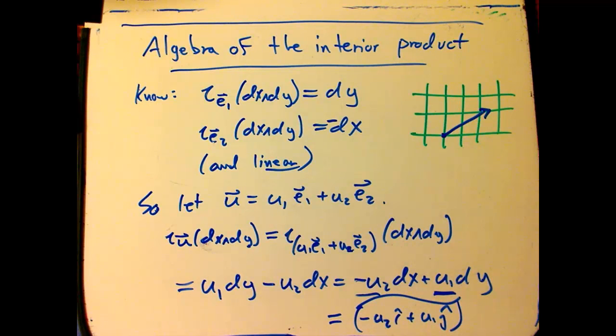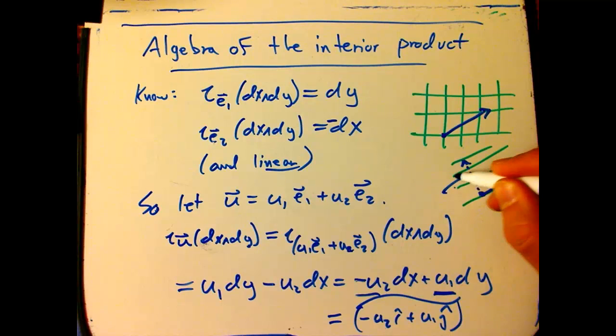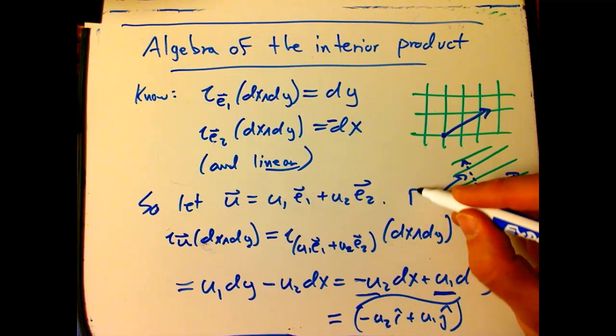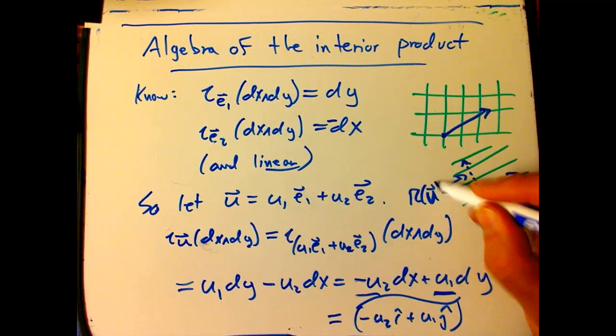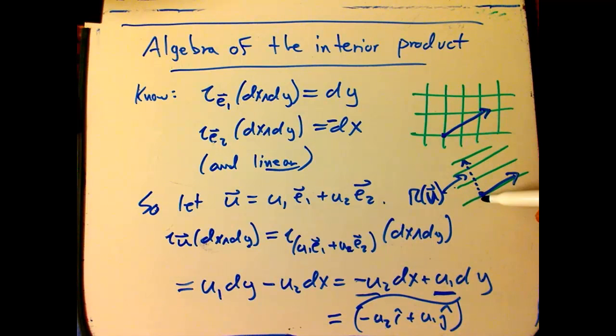And that corresponds to the fact that when I do this, I can think of it as something pointing perpendicular or rotated. So the I has a bit of a feeling of rotation. It's as if I had rotated the vector u, say r of u as a rotated version of u, and then just got the one form that lines up with the one form version of that. That's what the tilde operation does. Okay, so that's very interesting.